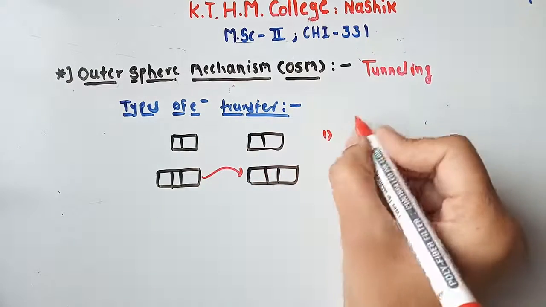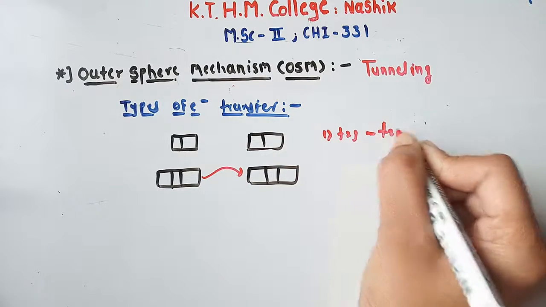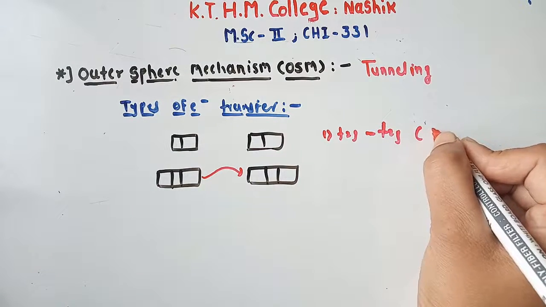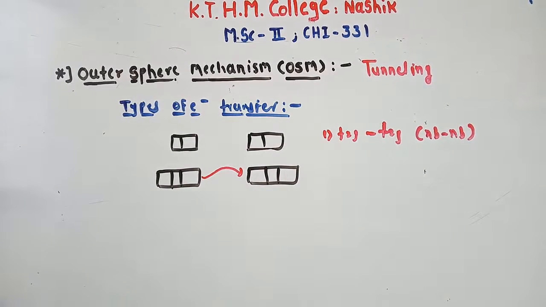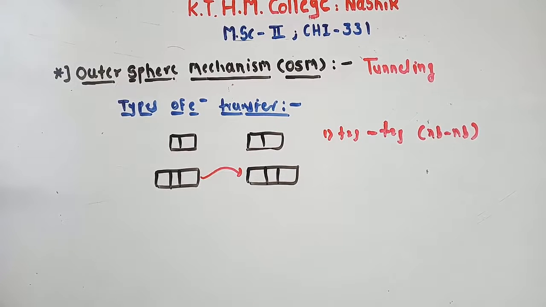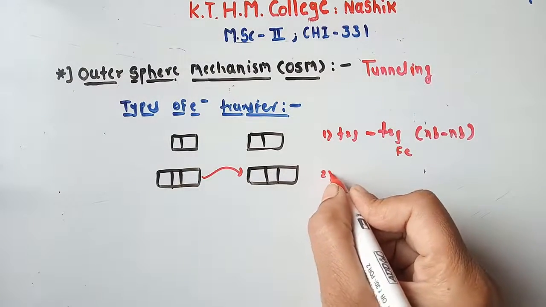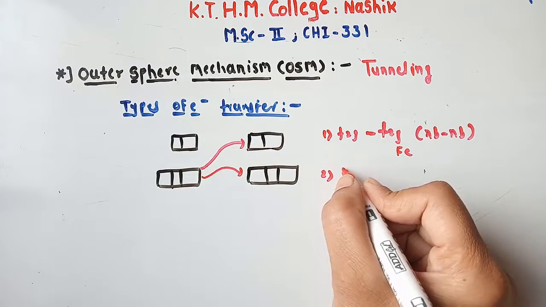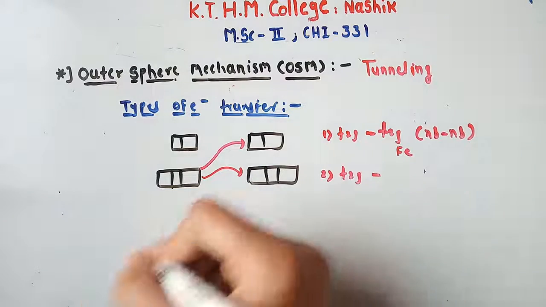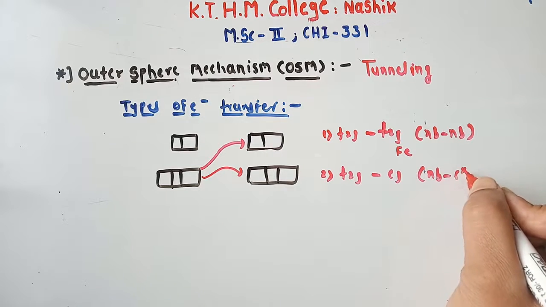So the first type of electron transfer is T2g to T2g, meaning non-bonding to non-bonding. We have already seen that this case is applicable for all Fe complexes. The second transition is T2g to Eg, meaning the electron can transfer from non-bonding to sigma star.